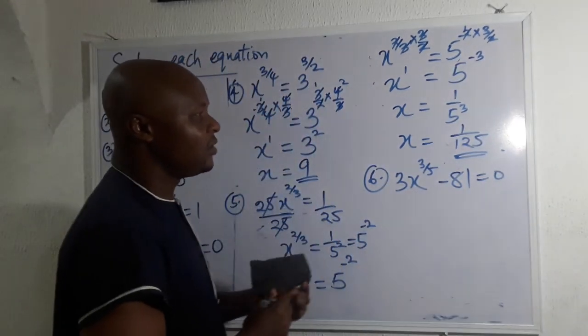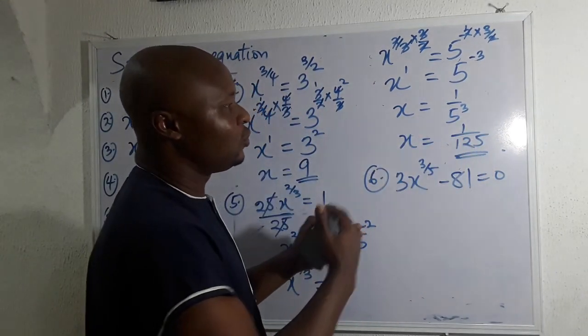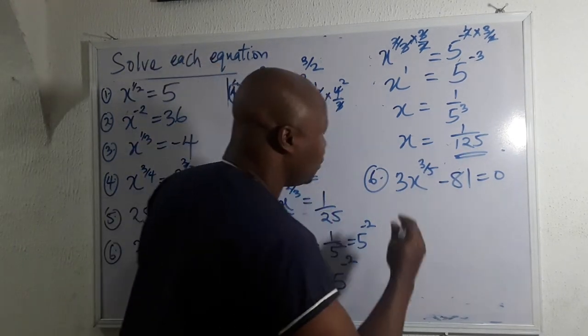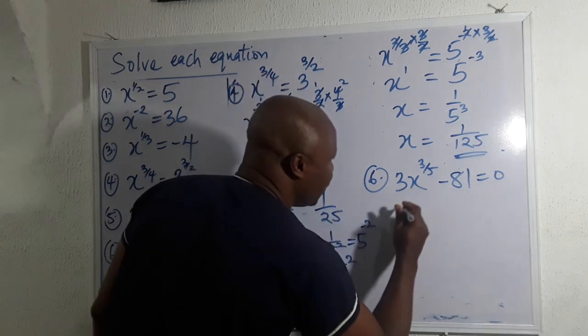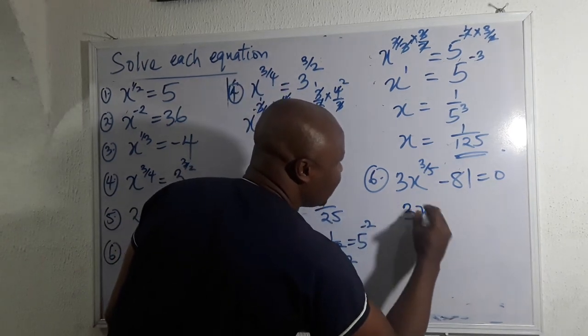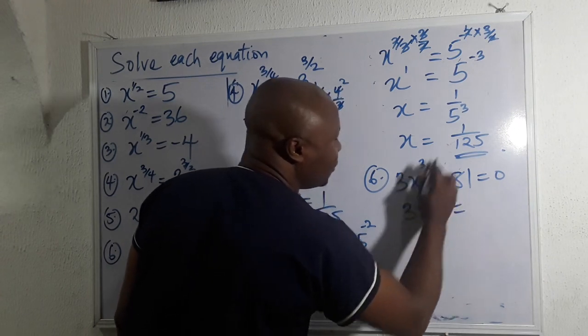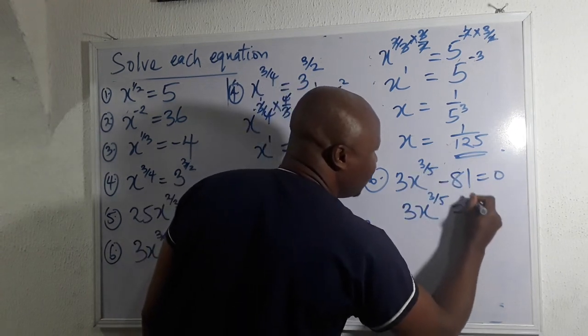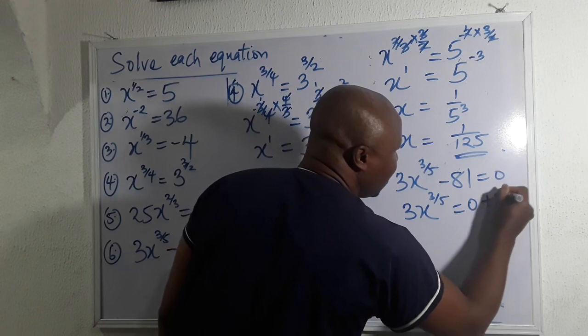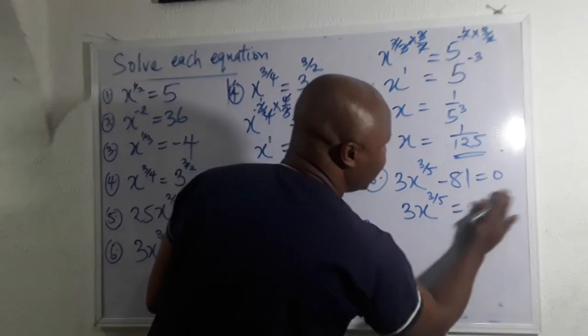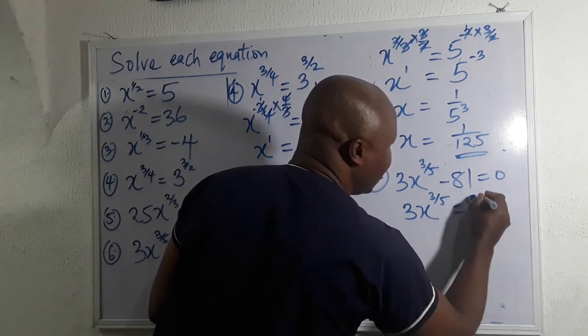Or we can say better still, we add 81 to the left and the right hand side of the equation. So whichever way you do it, you come up with the same result. So this will be 3x raised to power 3 over 5 is equal to, when this goes this way, 0 plus 81. Of course, 0 plus 81 is the same thing as 81.